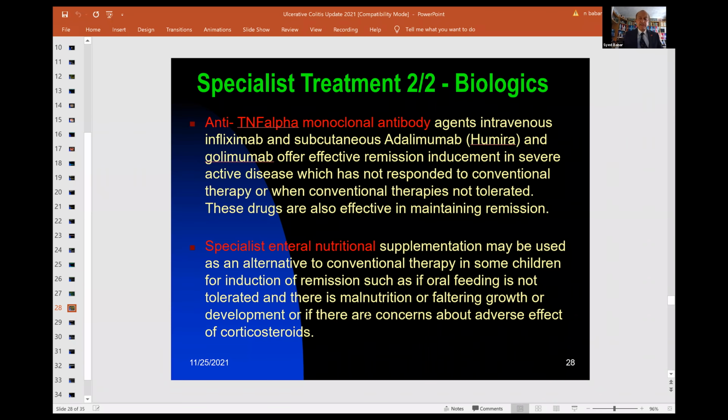They are also effective in maintaining remission. So once having achieved remission, periodic administration of these will ensure continuing remission. As an alternative, when drugs are not tolerated well, then enteral, parenteral, and oral nutrition of avoiding certain things, increasing certain things under the advice of the gastrointestinal inflammatory bowel disease dietitian would be very helpful.